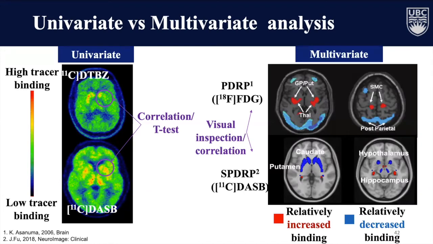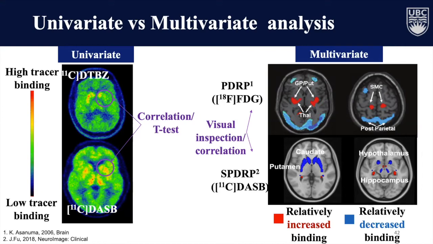And with a more multivariate approach, like PCA, we can get a spatial pattern for each tracer. Here is the Parkinson's related pattern obtained with FDG tracer, and at the bottom is the serotonergic Parkinson's disease related pattern obtained with DASB. However, even when you have these spatial patterns, you compare them either with visual inspection or a correlation analysis.